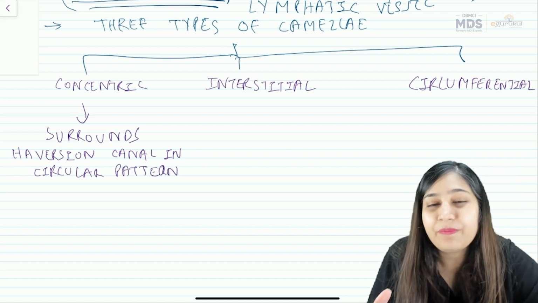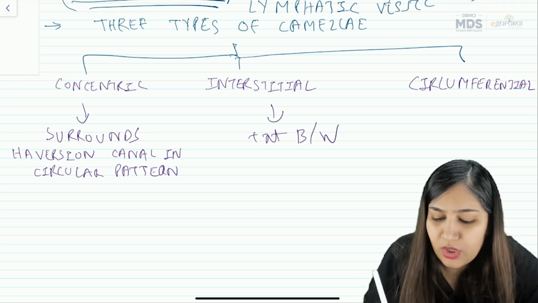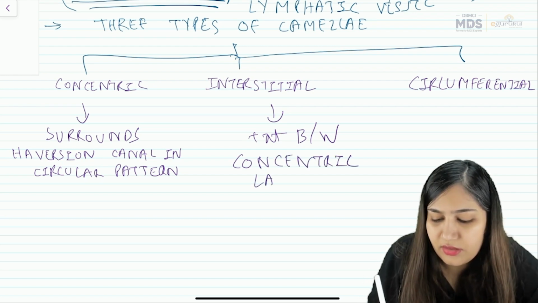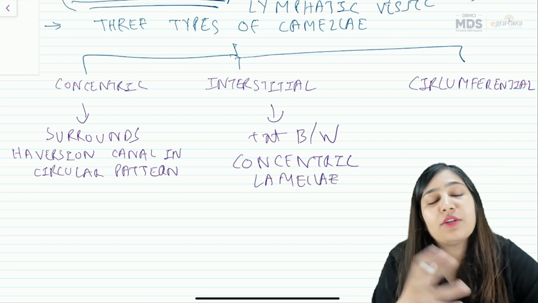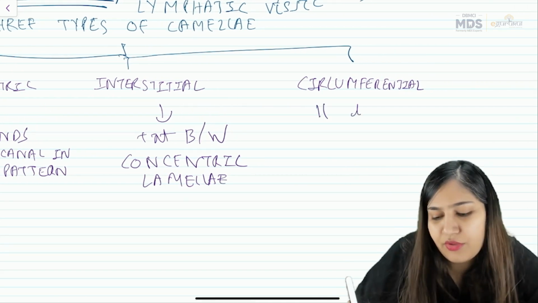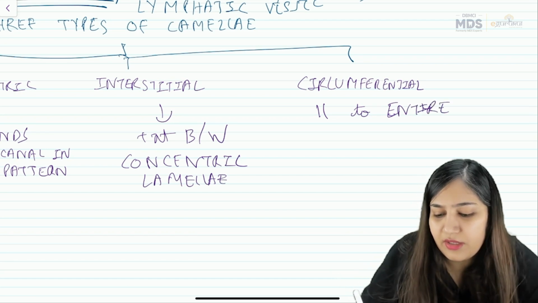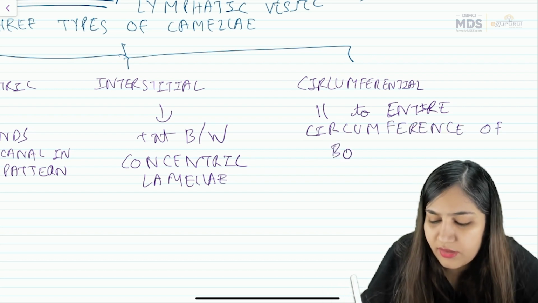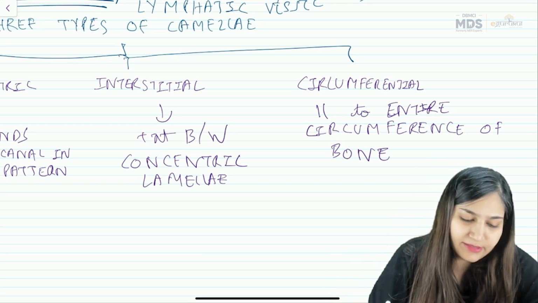Interstitial is present in between the concentric lamella. And circumferential lamella are parallel to the entire circumference of the bone.